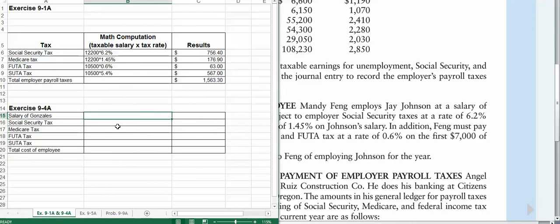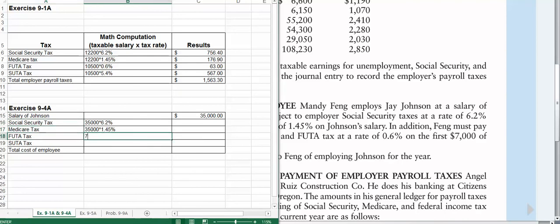So we know the salary is $35,000. We're given that in the wording. So we're going to have $35,000 times the 6.2%, the $35,000 times 1.45%. And since we are calculating it only for one employee, this is where we're going to take into account the $7,000 maximum.